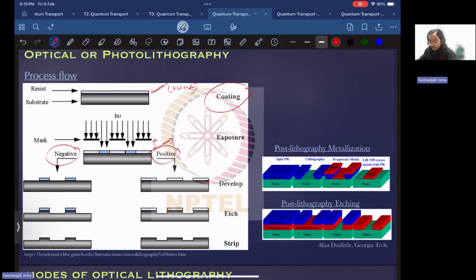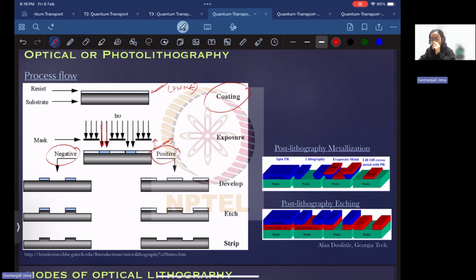For positive photoresist, whenever it is exposed to optical radiation, the exposed part becomes more soluble; the solubility of this area increases.